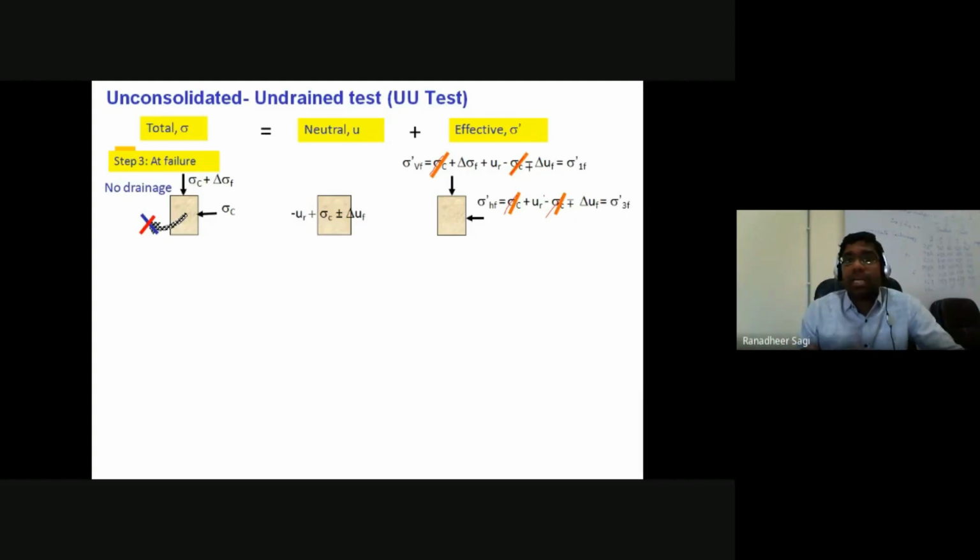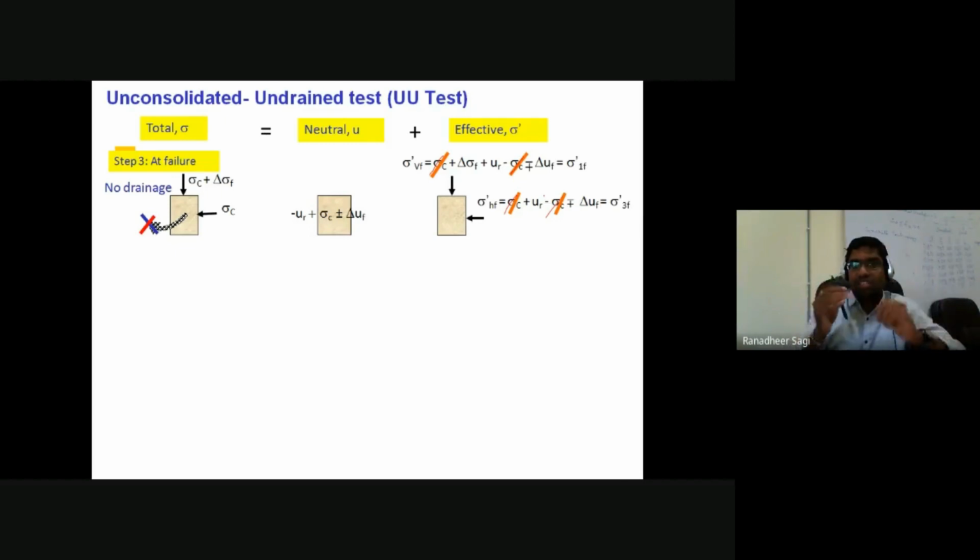If it were dependent on applied confining pressure, then obviously as different confining pressures are applied, the effective stresses developed in sample 1, sample 2, and sample 3 would be different. But in this case, your effective stresses are independent of your applied confining pressure.